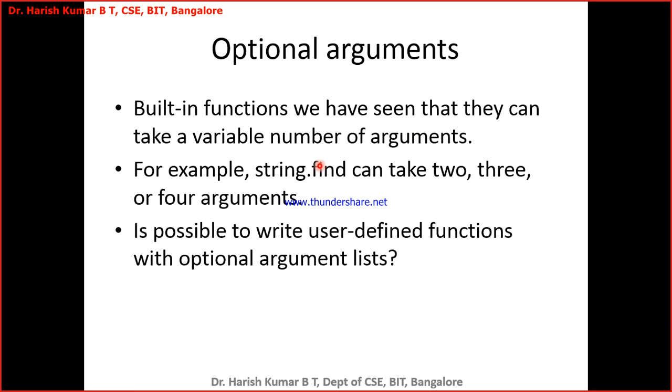So we understood earlier many built-in functions, and we have found that the majority of the built-in functions can take a variable number of arguments. Say, for example, the find method that we understood on strings can take 2 arguments, sometimes 3, and sometimes even 4 arguments as well.